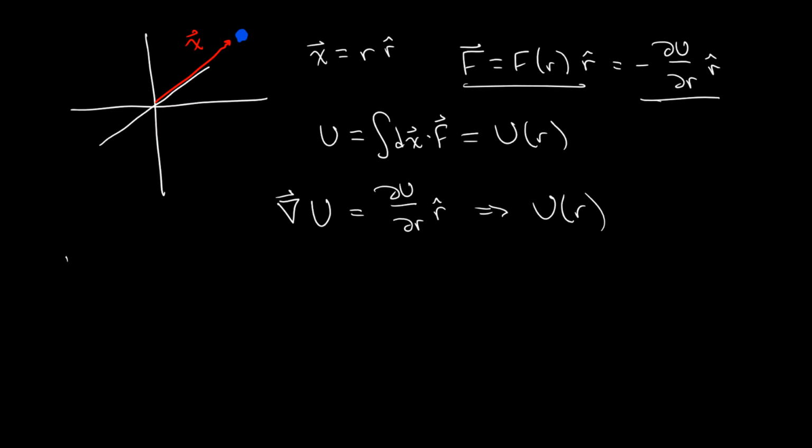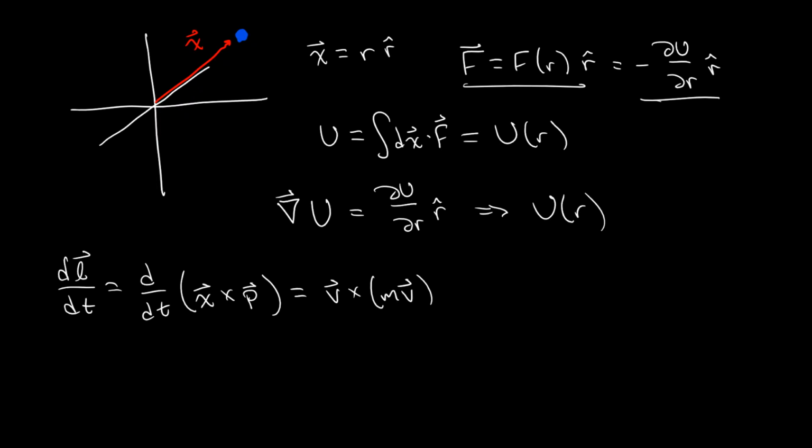So to look at that, we want the change in angular momentum with respect to time, which we find d by dt of, in this case, x cross p, which I can then use my product rule to get v cross mv plus x cross dp dt.